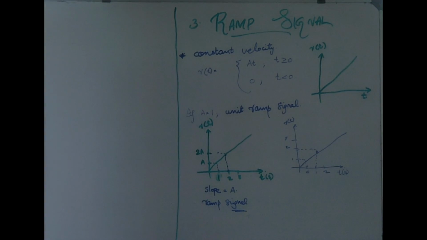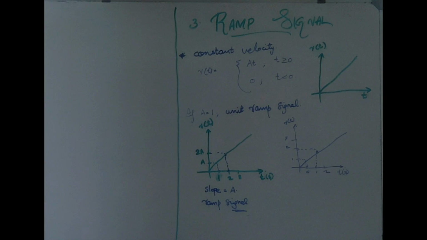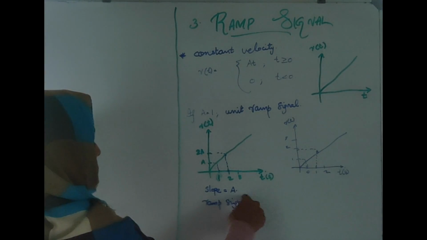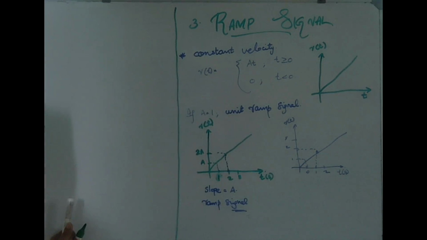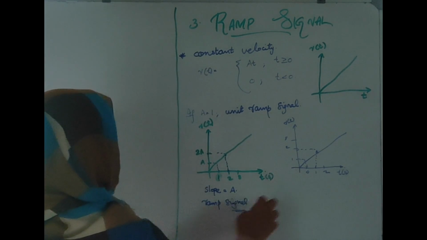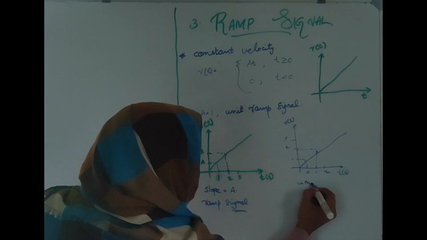So this is the ramp signal. It imitates a constant velocity, and if a is equal to 1, it is called a unit ramp signal. And for the general case, the graphical representation is like this, and for the unit ramp signal, the graphical representation is as shown.